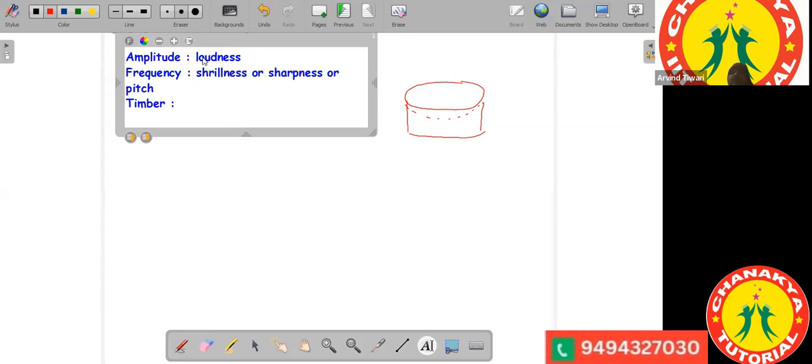For example, the sound of a clap and the sound of a drum. Let's understand it like this.